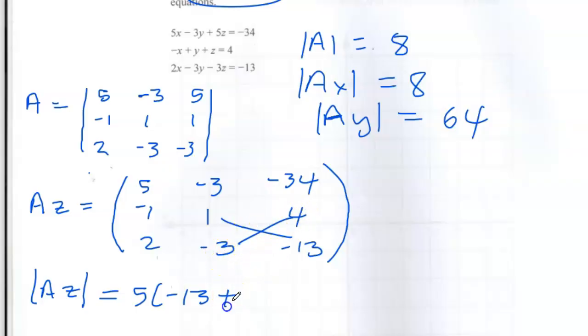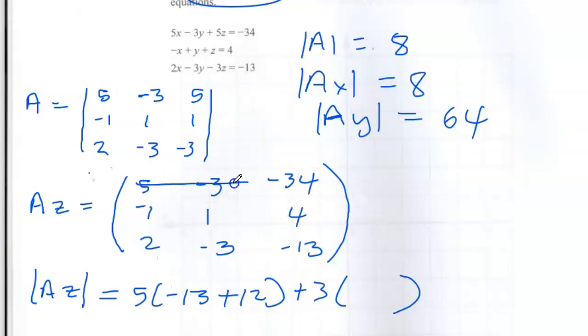And a double negative gives me plus 12 in the bracket here. Change the sign of the middle number, so that's positive 3. And for the cofactor of the 3, we cross out the row it's in and the column it's in. So the cofactor is cross multiply that times that. Negative 1 times negative 13, that's positive 13. Minus 2 times 4, that's 8.